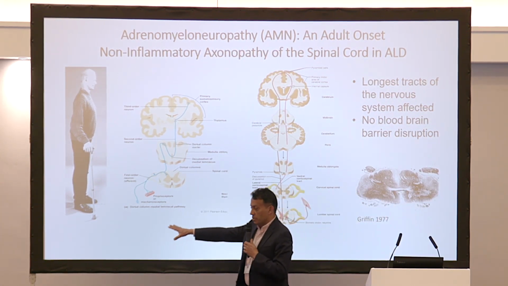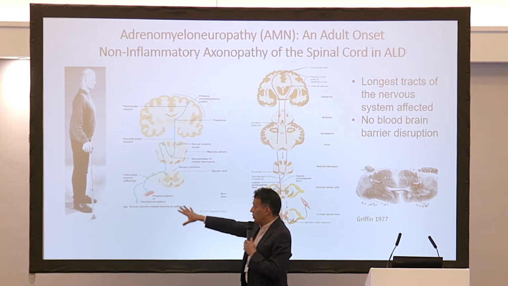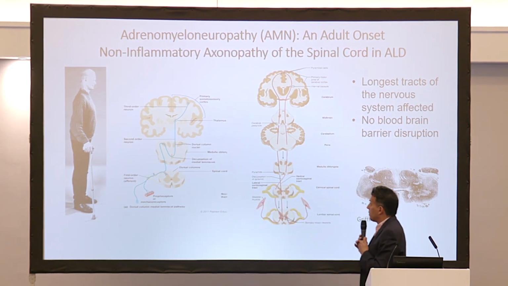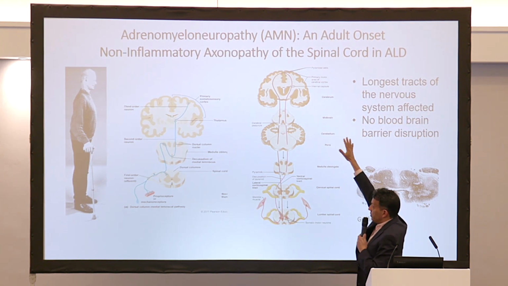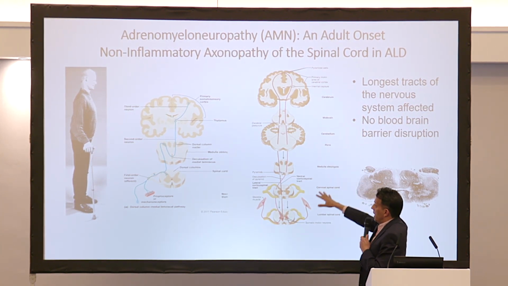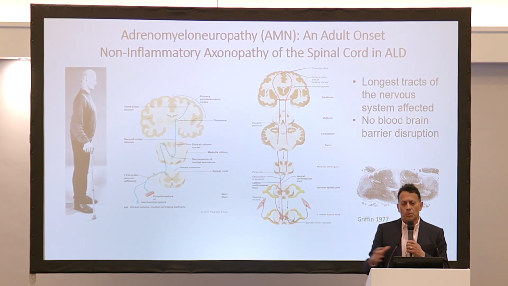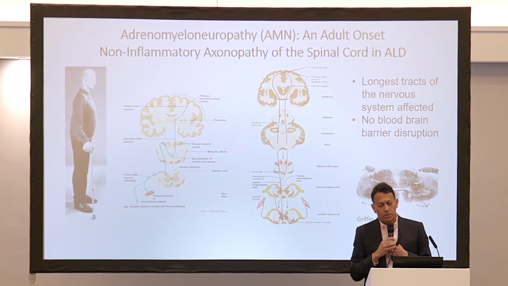One tract brings information from the periphery, from the muscles and joints, up through the spinal cord to the brain, and another set of tracts brings information from the brain down through the spinal cord to your muscles, sending motor signals down to those muscles.